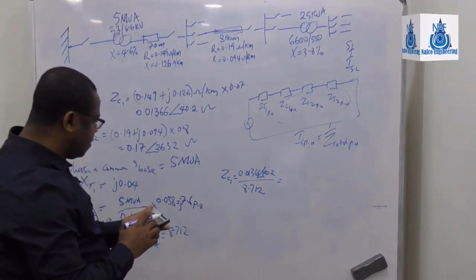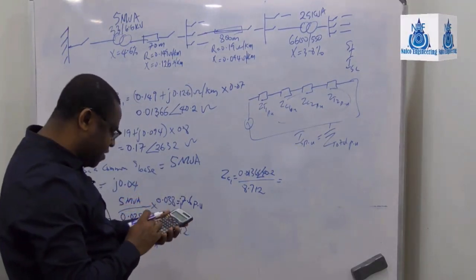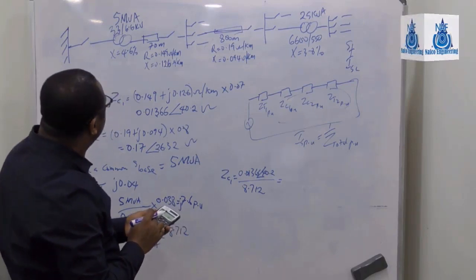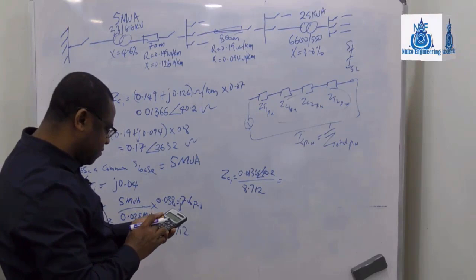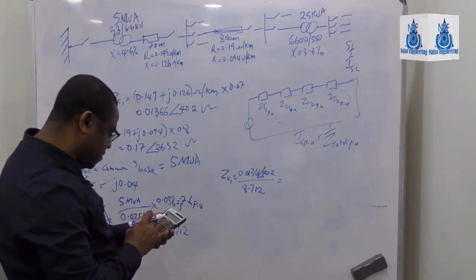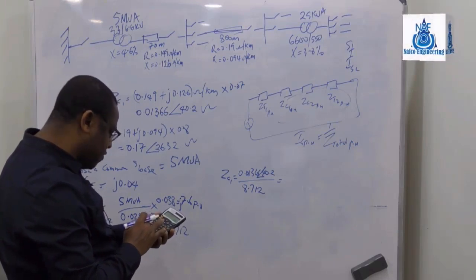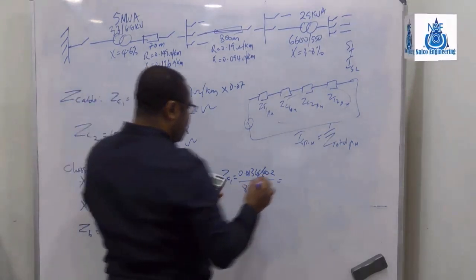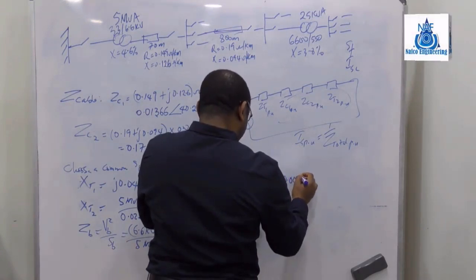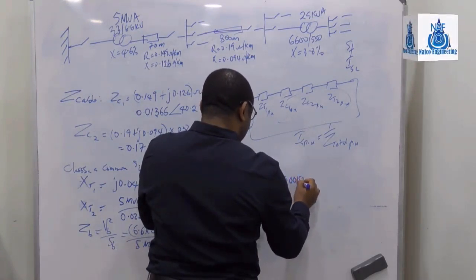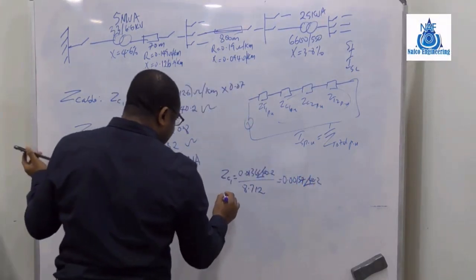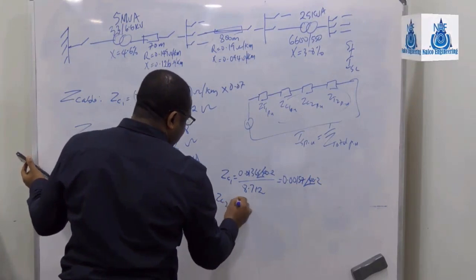So we have 0.01366 divided by 8.712. So you get 0.00157 with an angle of 40.2.